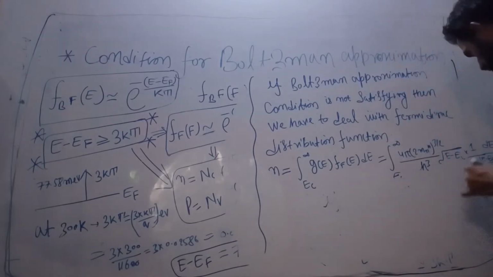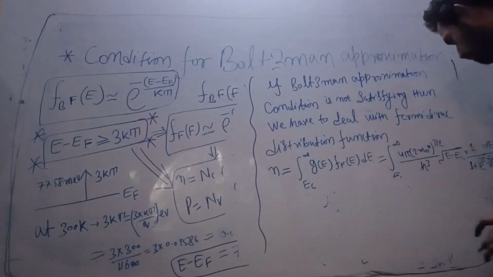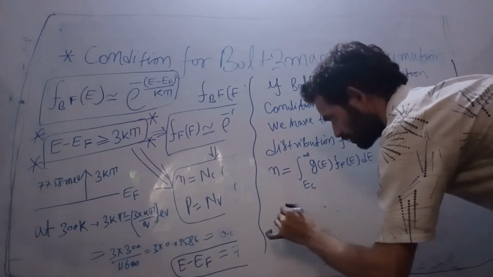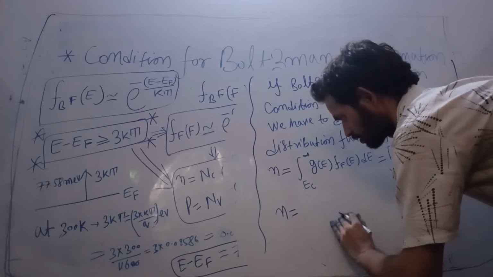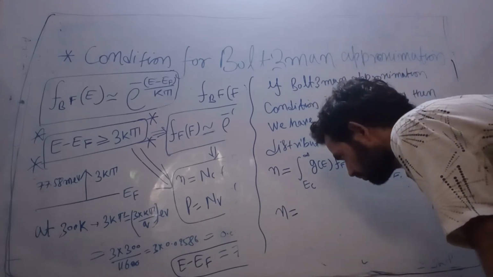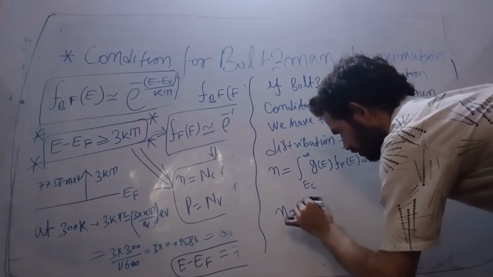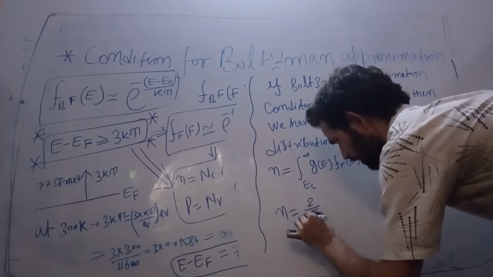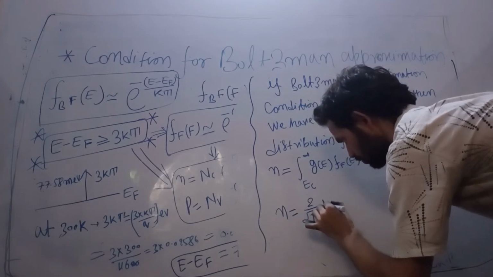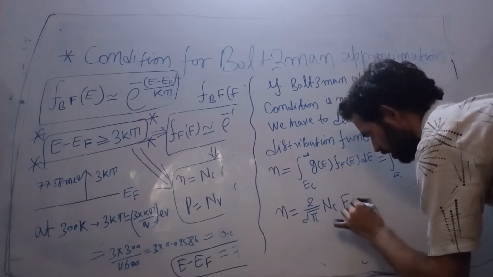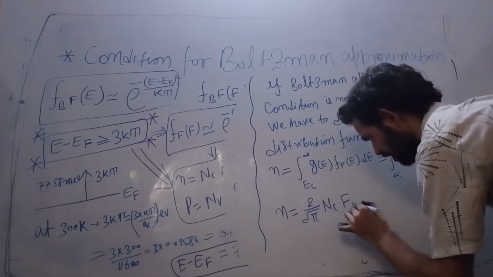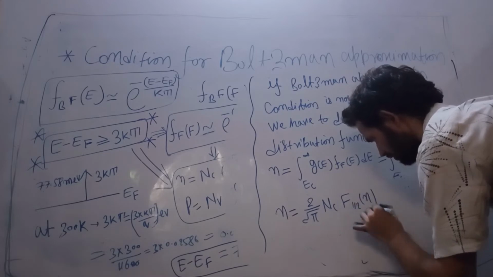The general method is this only. For this, we get n is equal to 2 by root pi NC into the Fermi function F half of eta.